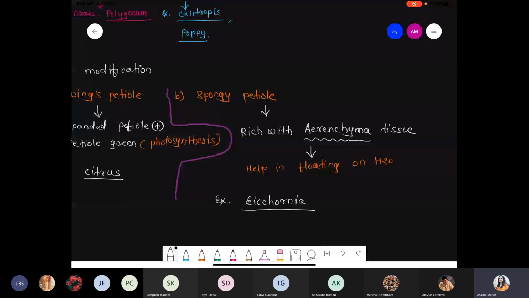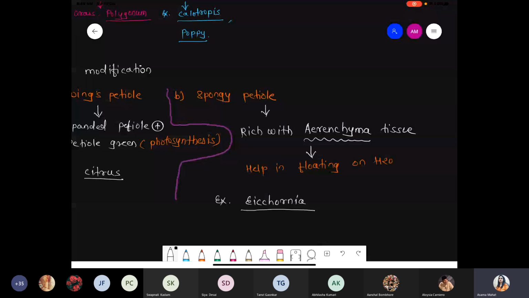But just remember one thing, spongy petiole is nothing but in Eichhornia, which can easily float on the water body because it is rich with aerenchyma tissue. The aerenchyma-rich area is the petiole, the spongy petiole, that's why the leaf easily floats on water.